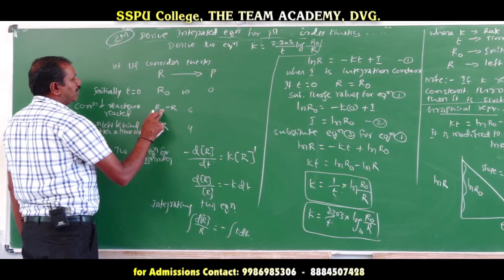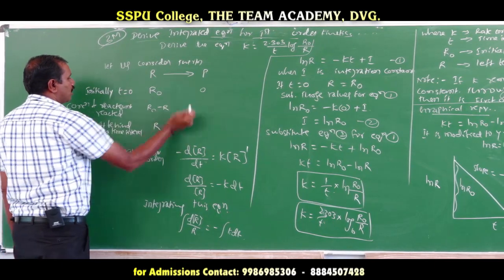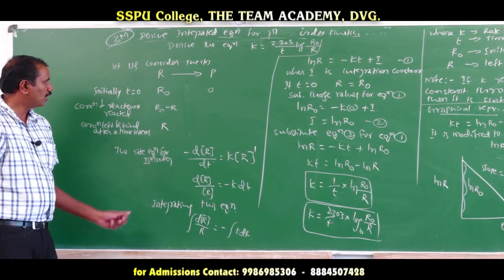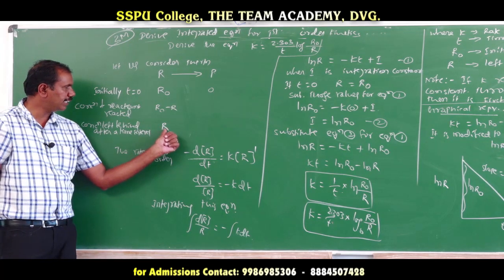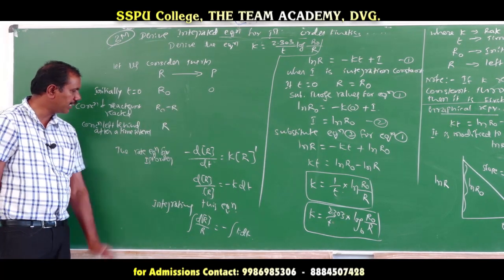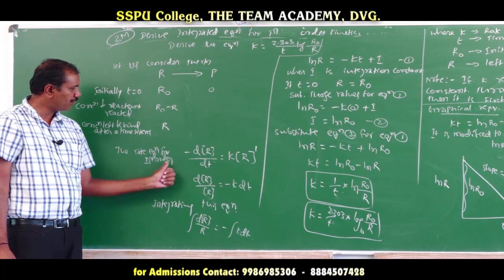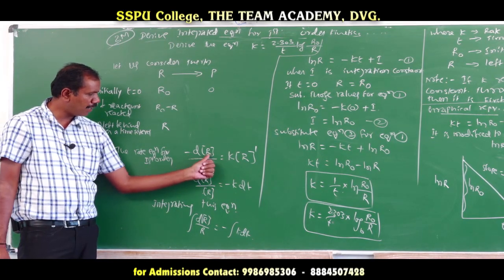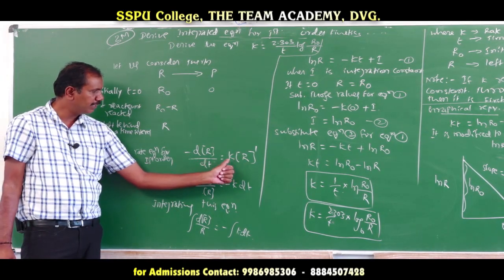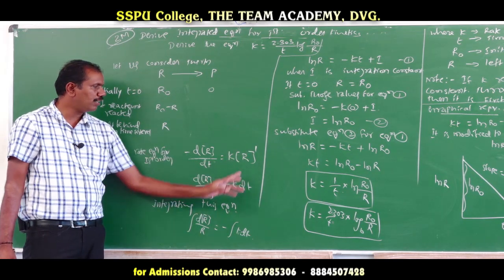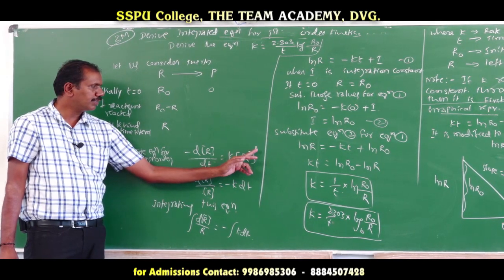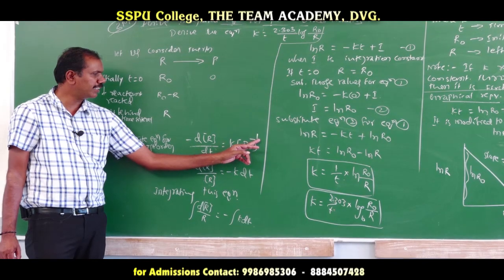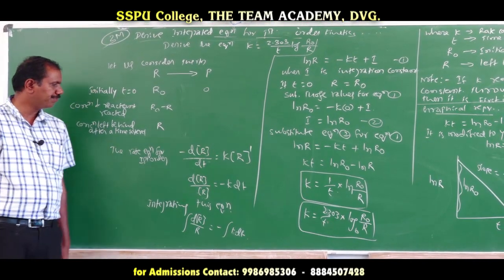So the left behind concentration is R, and reacted is R naught minus R. The rate equation for first order is minus dR by dt equals K into R to the power 1. Why? For a first order equation, the sum of powers should be 1.